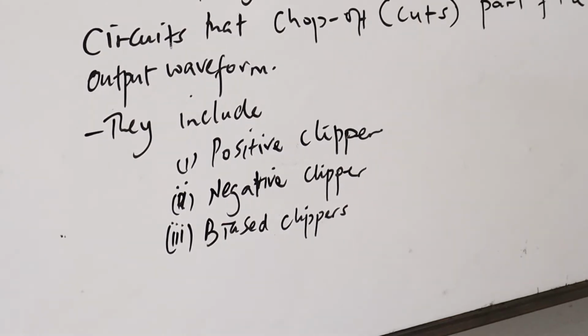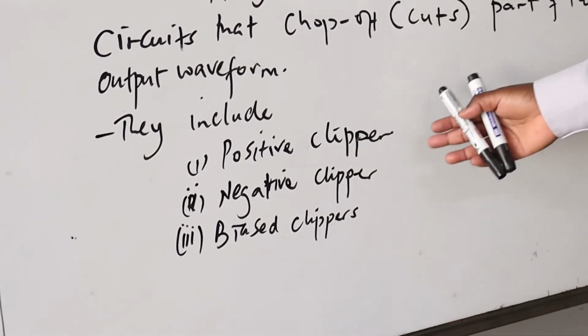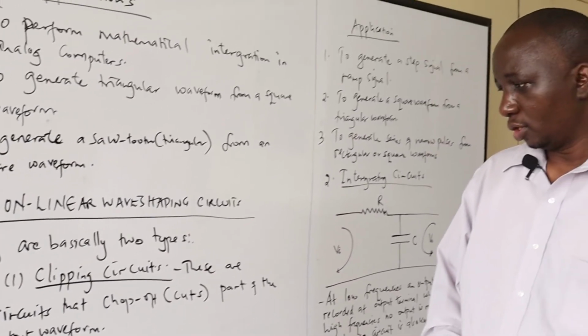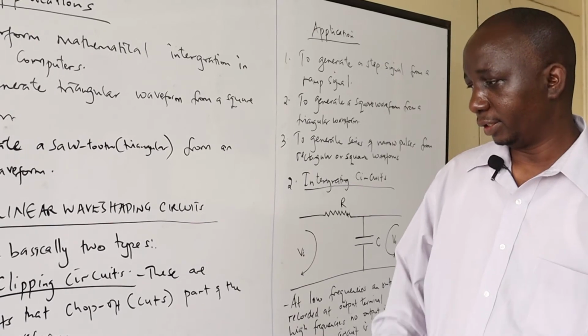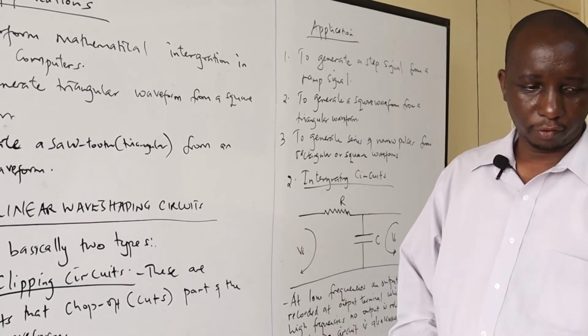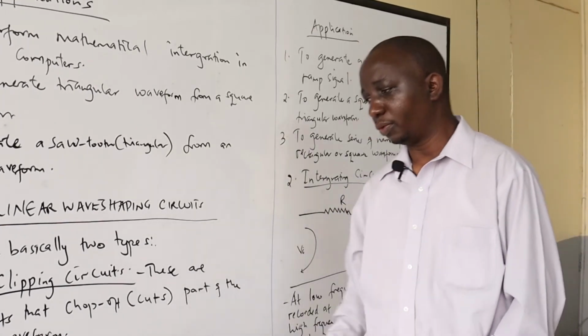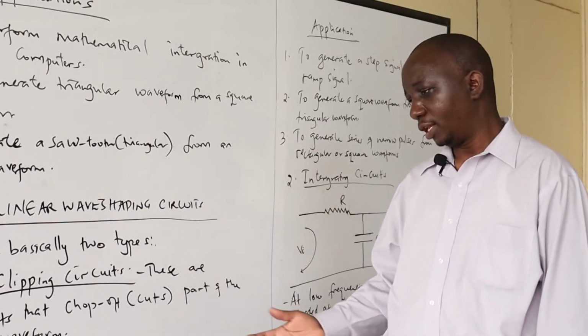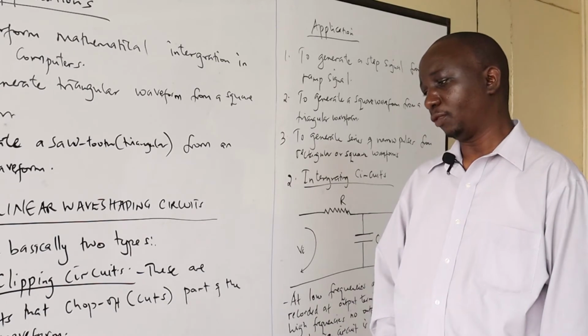So we're going to discuss this a bit in detail, and also with the diagrams. A positive clipper is one where, when you see the output waveform, the positive part of the sine wave is chopped off. And in a negative clipper, the negative part of the sine wave is chopped off.